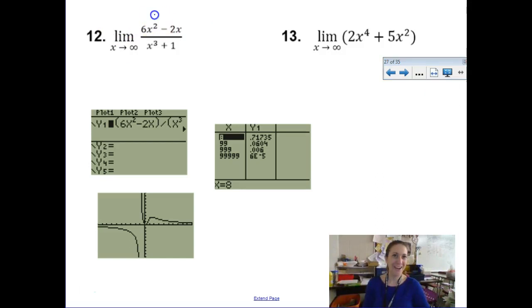All right, we got bottom heavy. So bottom heavy rational has a horizontal asymptote at y equals 0, which means it flattens out at 0 for the end behaviors. So that's what we have for our answer. Limit approaches 0.